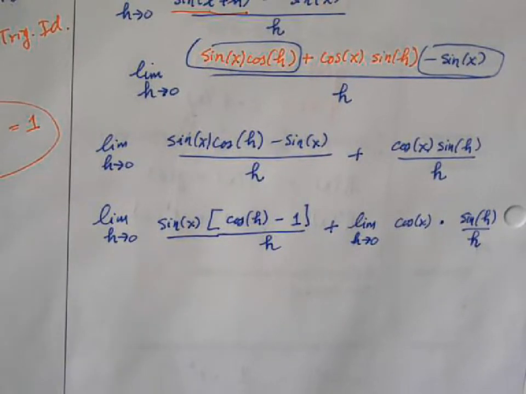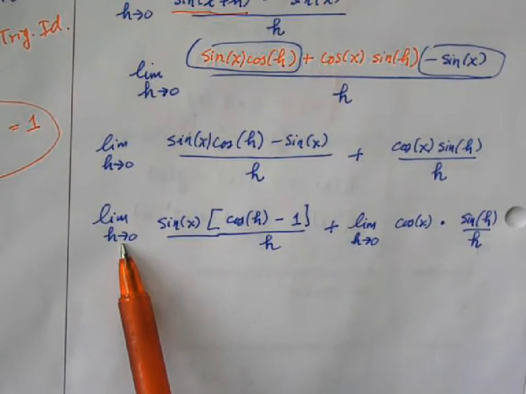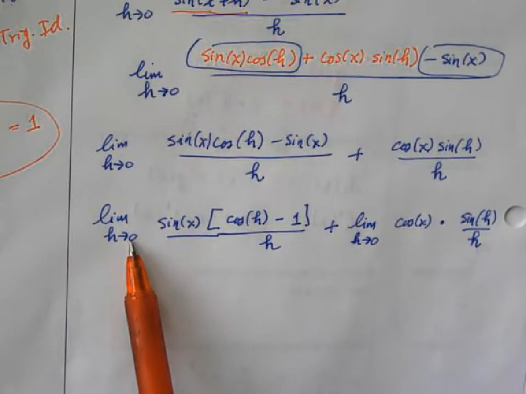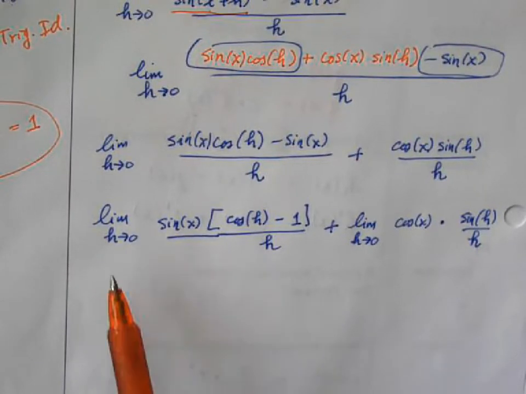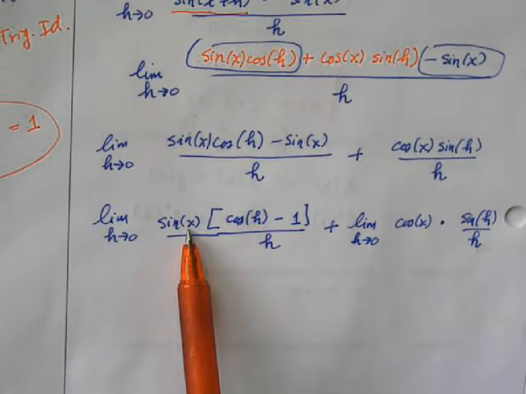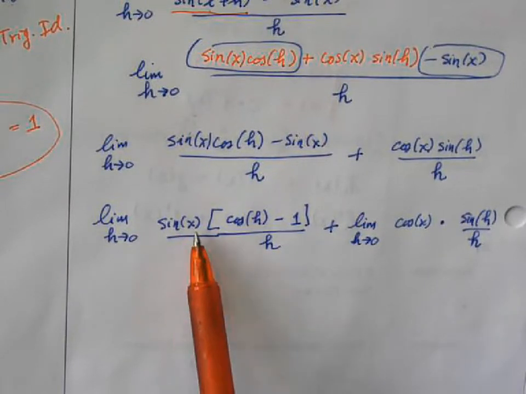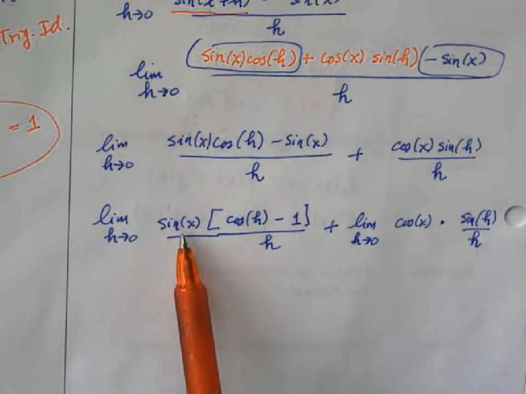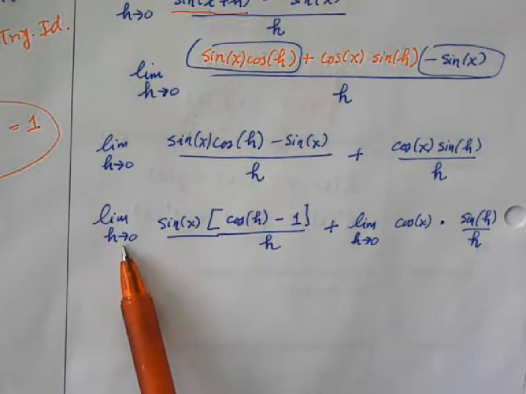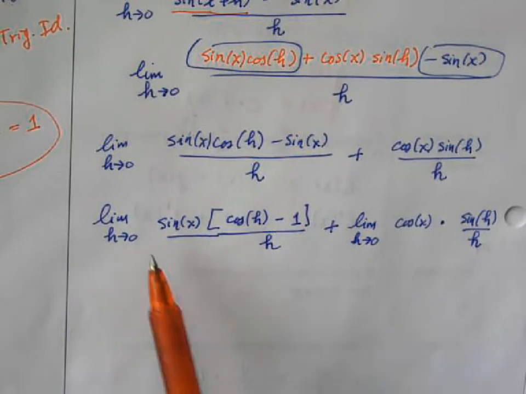A few things to point out here, and just remind you about. The limit here is with respect to h. So if we have an expression that does not contain h in it, it means that the limit doesn't apply to that part. In other words, sine of x here we can basically treat like a constant, because x has no relation to h. We're taking the limit as h approaches 0.